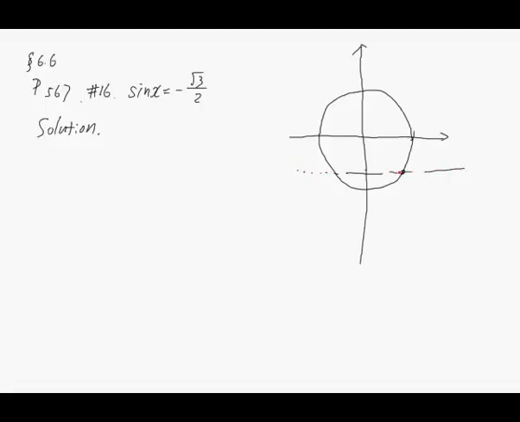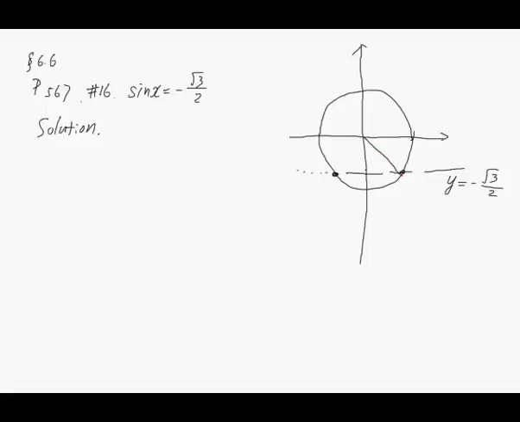This line, whose equation is y equal to negative root of 3 over 2, intersects this unit circle at these 2 points. So these 2 points are the terminal points whose y coordinate is equal to negative root of 3 over 2. Then we can first find this angle.